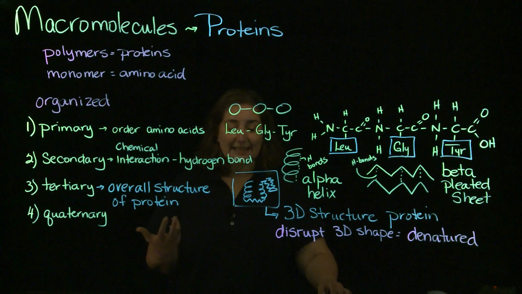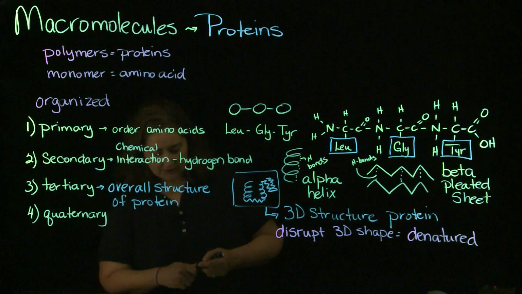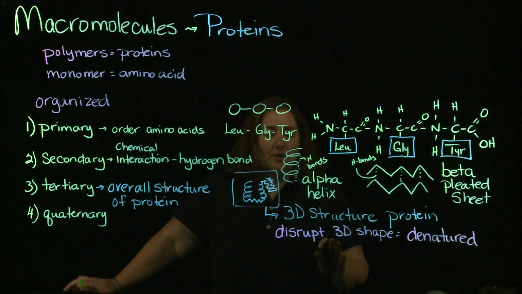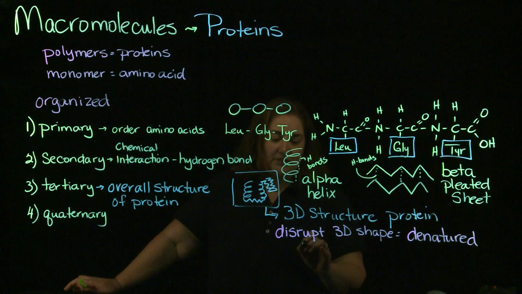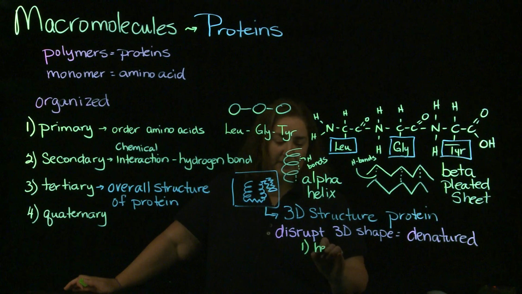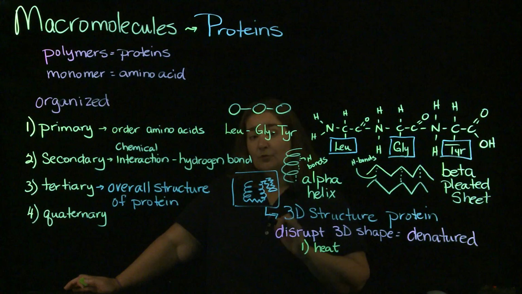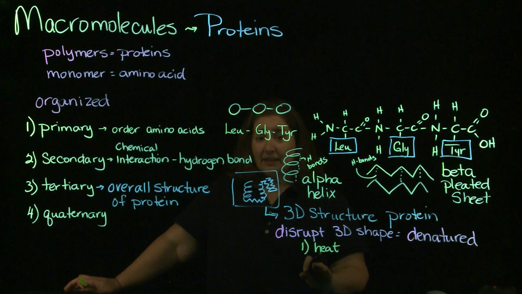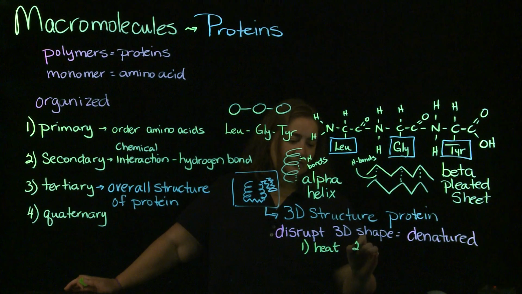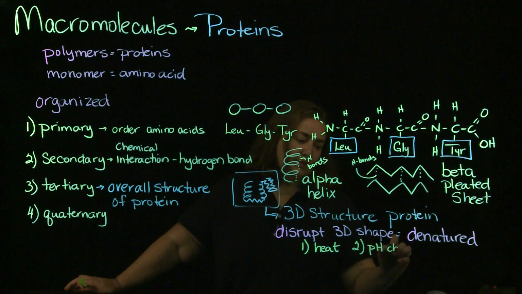And in terms of denaturing proteins, there are a couple ways that we can denature proteins. Heat is one of them, all right? So if you cook your egg on the stove, that's going to denature it. pH changes can also denature protein.